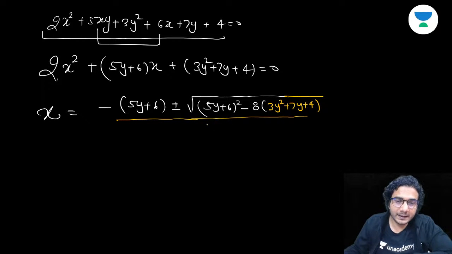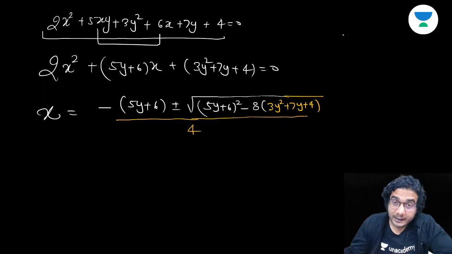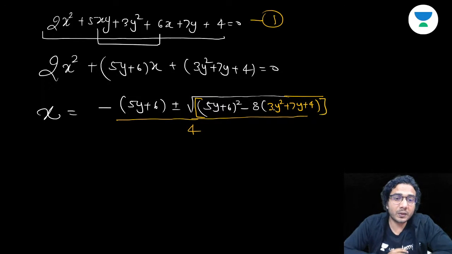Sometimes this is an easier method to separate the lines. 2a is 4. Now listen to this carefully. If equation number 1 represents two straight lines, then the term inside the square root must be a perfect square, because if it is not a perfect square, then a linear expression will not come out, and linear plus linear will not become linear.